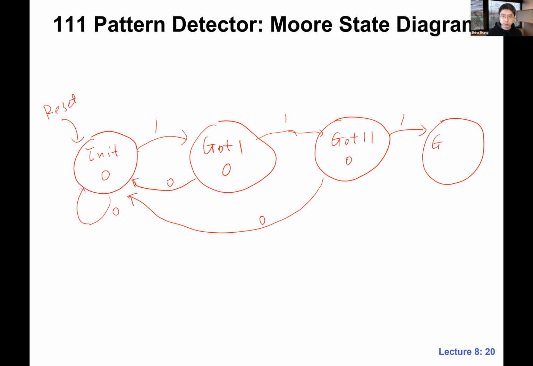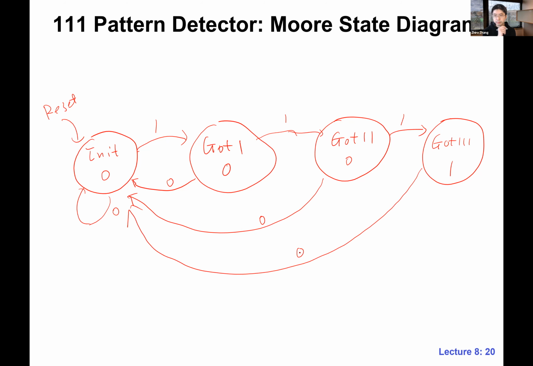we should output 0 here. Got1, 1. This is where we have everything: got1, 1, 1. So what do we put in the bubble? 1. At got1, 1, 1, if we have a 0, where do we go back? All the way to init, with output 0. And if you see a 1, do we go somewhere or do we stay?